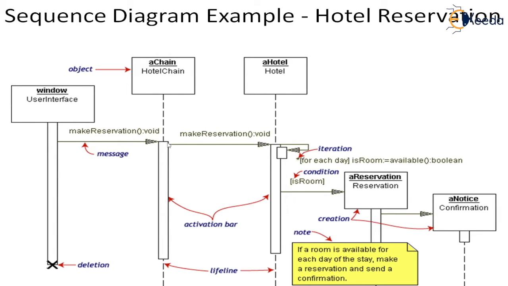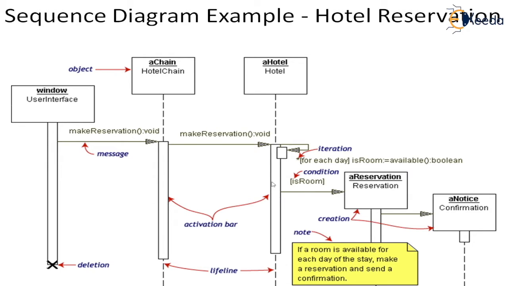Then this hotel chain object will send a message to the particular hotel inside it, and it will keep checking to seek the availability. So once the availability has come, then it will make a reservation, and it will ask for a confirmation notice, and that will come back to this person.